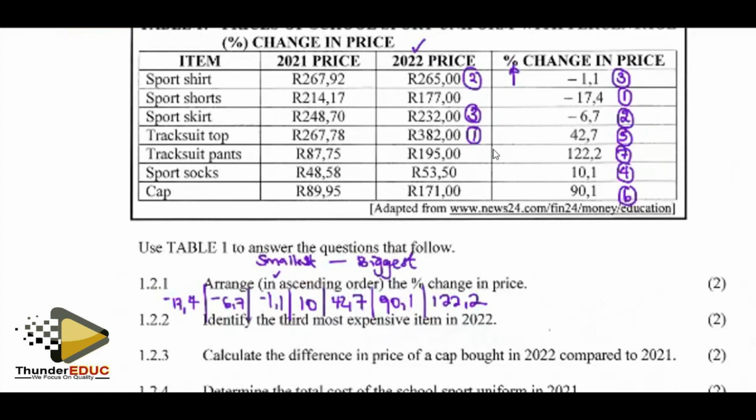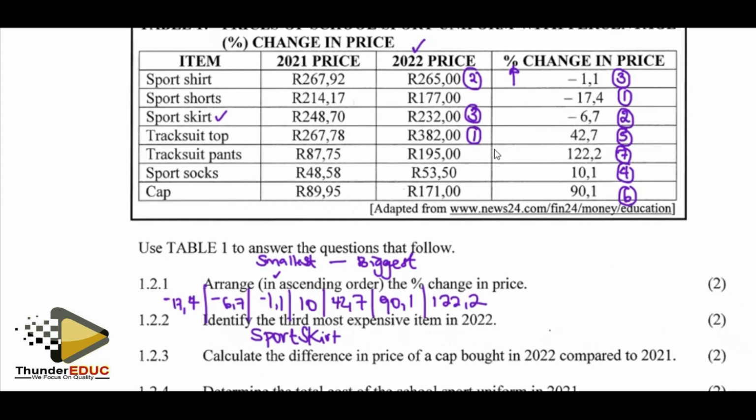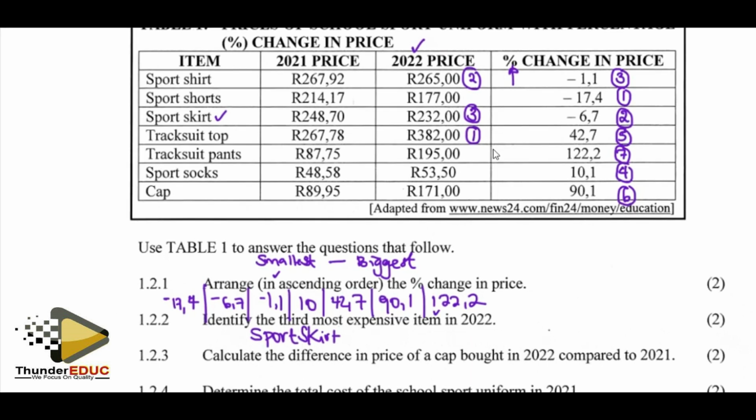We only need 3 of them. So the third is the sports skirt. Remember, the reason why I'm writing this is because they say identify the third most expensive item. They didn't say price. So you can't put the price there.